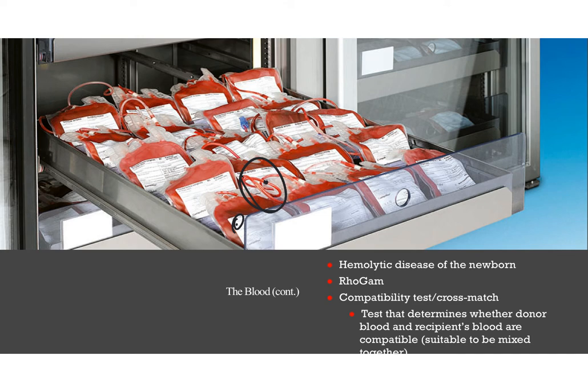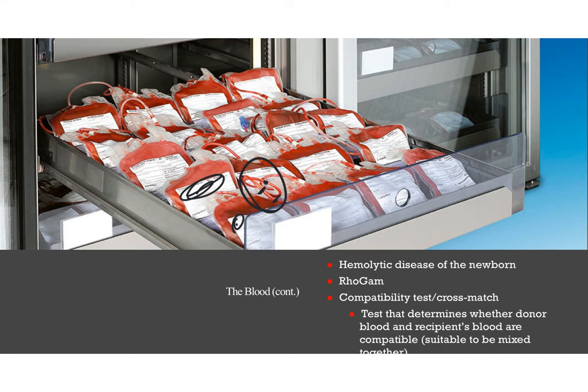And we know what the blood type is, it's listed on the label, but we're going to run that blood type again to make sure. We cut off these little things, we call them pigtails, and we run the blood type on the blood again, and then we have these two blood types.